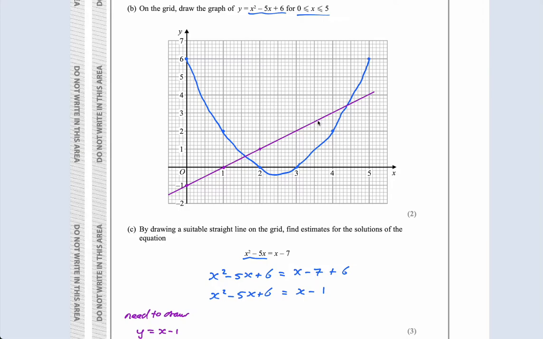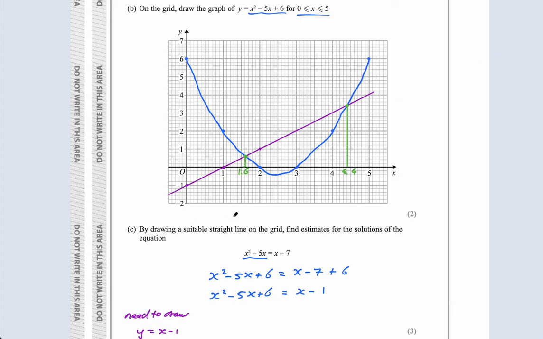Now, my solutions are going to be here, which is right there. So that's 1.5, 1.6. So that's 1.6. And this guy here, which is 4.4.